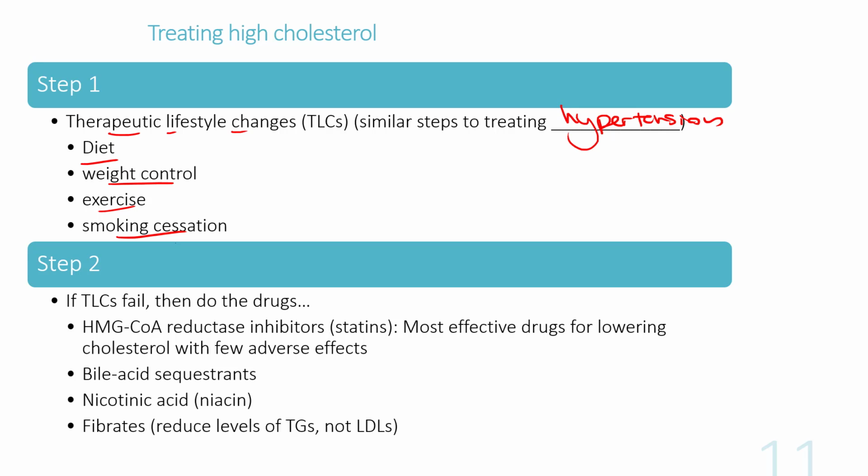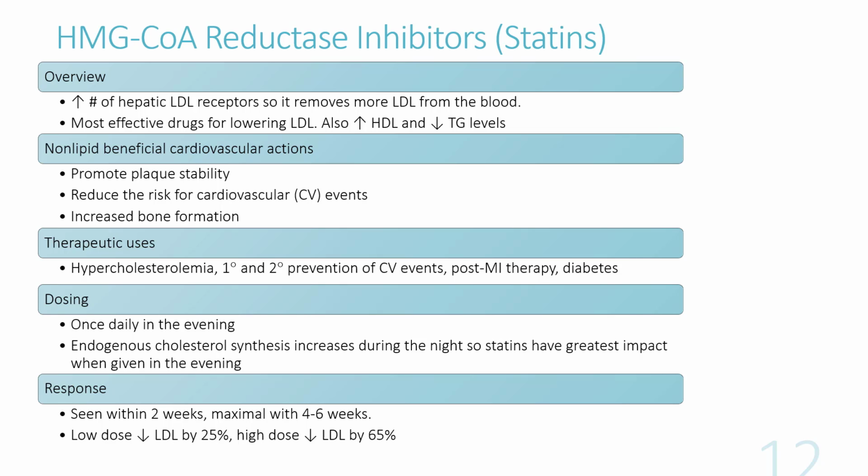Right? If therapeutic lifestyle changes are not enough to bring down cholesterol levels, then there are a few different drugs that we'll talk about in the next couple of slides that help to do that. Right? The statins are the most effective drugs for lowering cholesterol because they have few adverse effects, and then there are a few other drug classes that are mentioned that we'll talk about more here.